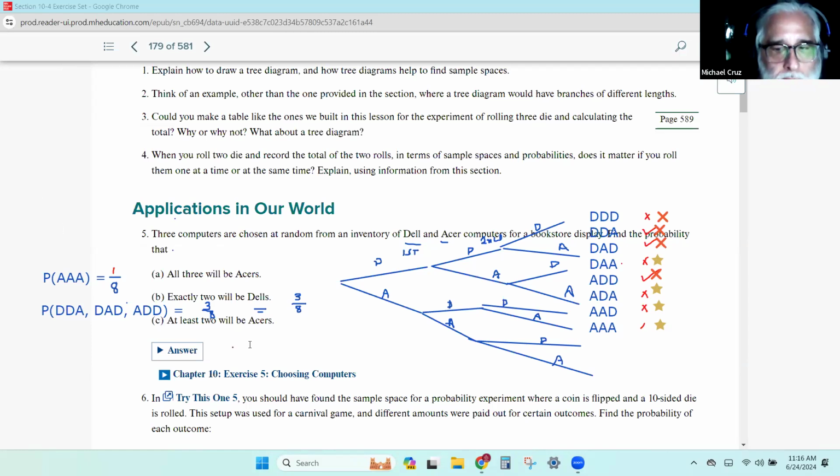So let me write that out here. Acer greater than or equal to two. Put that there. Well, they're going to have four of them. We've got them marked with our gold star.